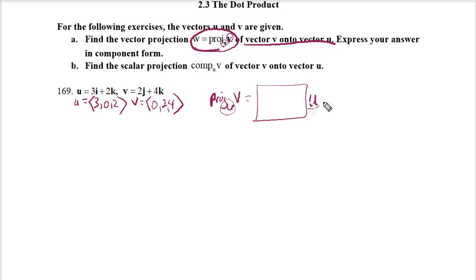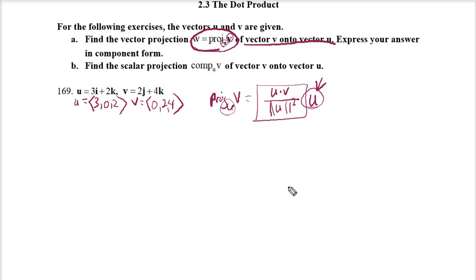We're trying to find some multiple of U. Now that sort of sets the stage for the rest of the formula. As you recall, the formula is the dot product of those two vectors over the magnitude squared of the same vector here. That's kind of how you remember your formula. And so anyway, now it's just a matter of doing those calculations.